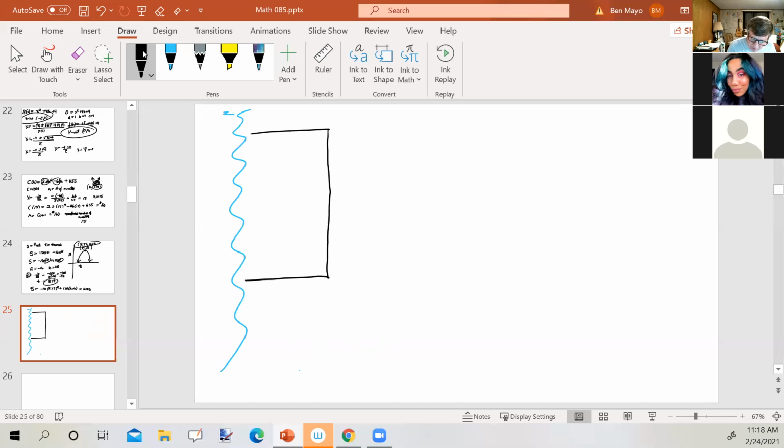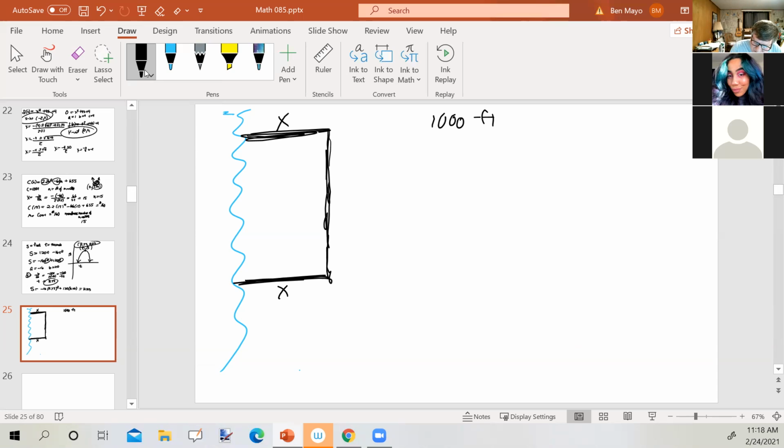Okay, but the point is we're building 3 sides of a rectangle, and the total number of feet of fence is 1,000. Since it's a rectangle, we know that these 2 sides are equal. So then what's this third side?